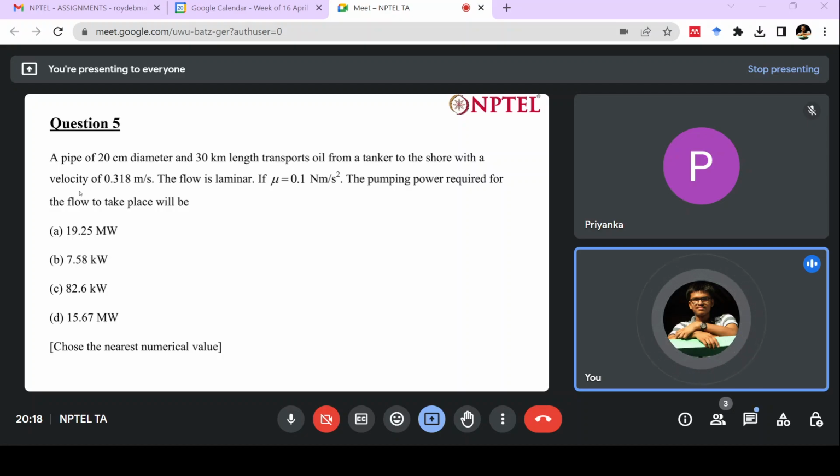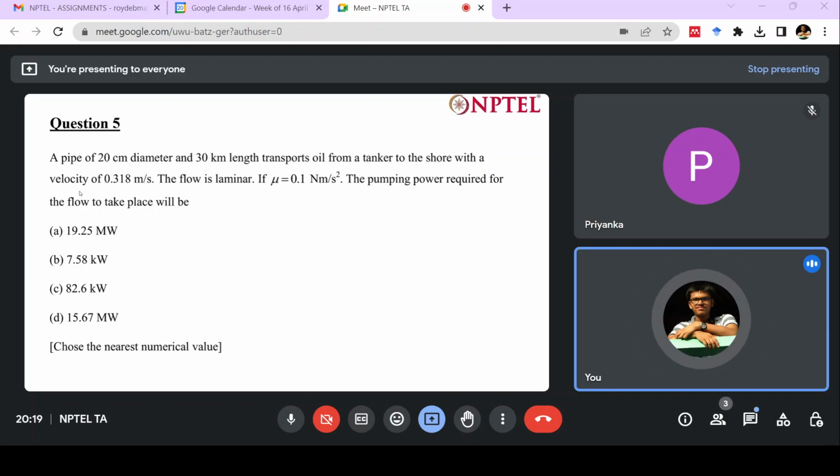Now we have a numerical question. A pipe of 20 centimeter diameter and length 30 kilometers transports oil from a tanker to the shore with the velocity given, and the flow is laminar. So here also the pressure gradient is there. That's why this velocity is given.